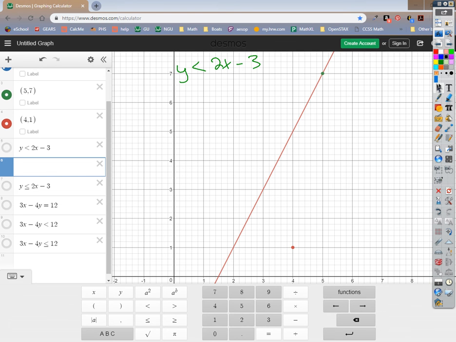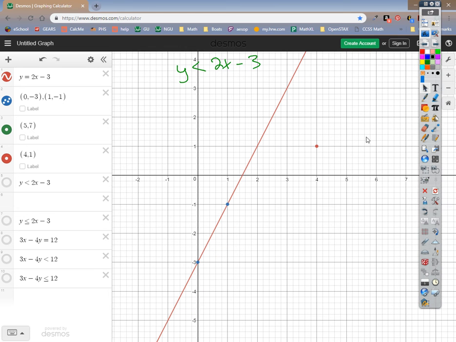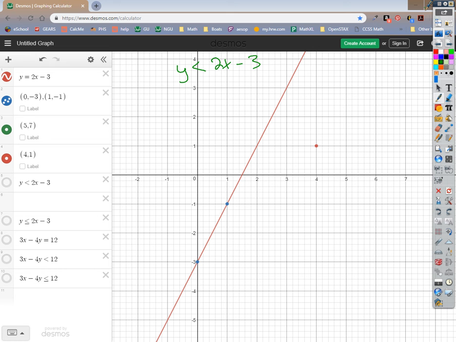Let me scoot this up a little bit. So, okay, let's check some points. What if we take the value, I'll just throw some out there arbitrarily. What if we pick the point 0, negative 1. If I plug those values into the inequality, let's see what happens.